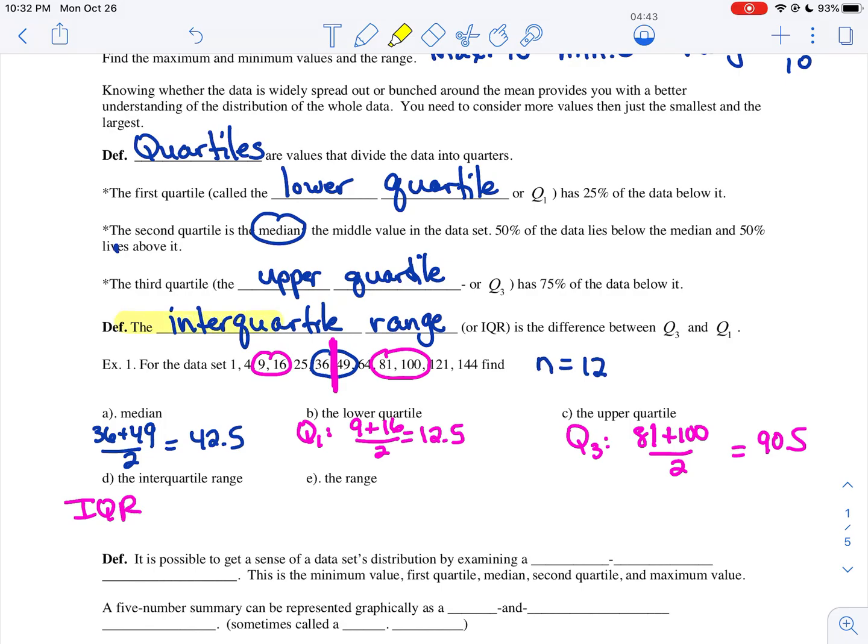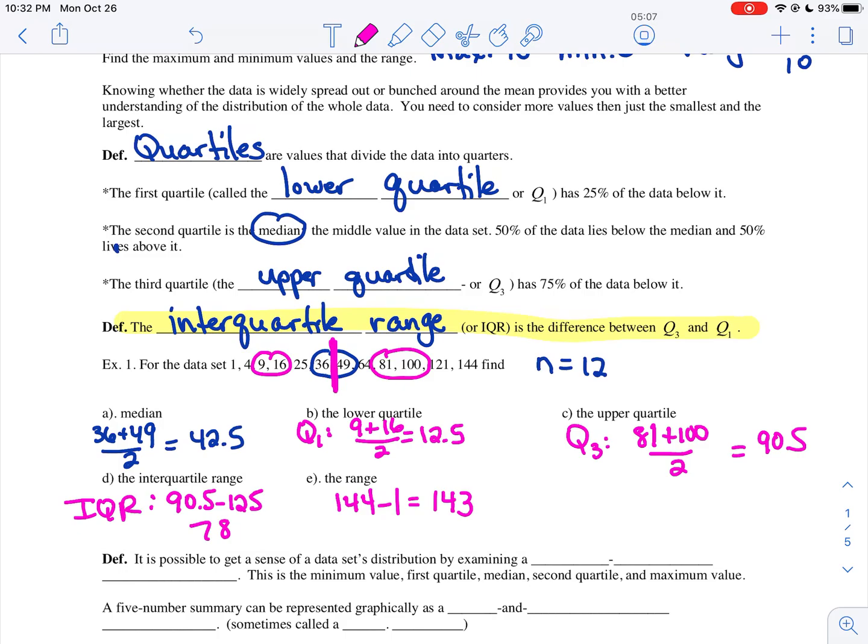The interquartile range is the difference between quartile 3 and quartile 1. So you're going to take 90.5 minus 12.5, which is 78. The range is the difference between the maximum and the minimum. So the range is 143.